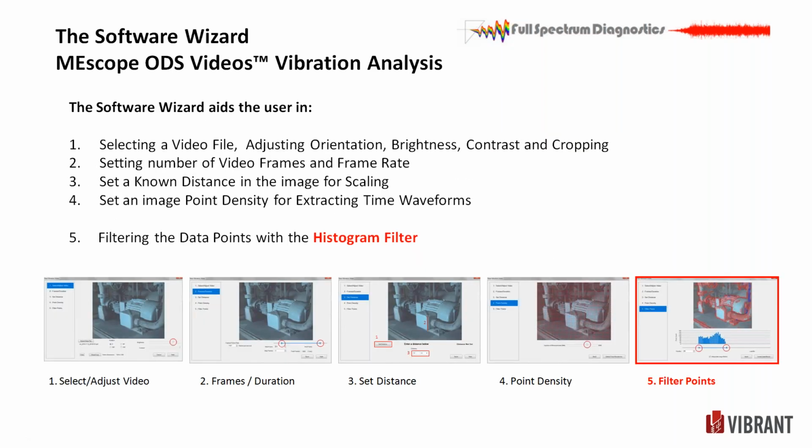Okay, software wizard. Little 5-step process. The first is you select what video you want, you adjust the video, adjusting the brightness, the contrast, cropping, flicker rate, things like that if we have LED lights that are flickering. Number 2 is setting up the number of video frames and frame rate.